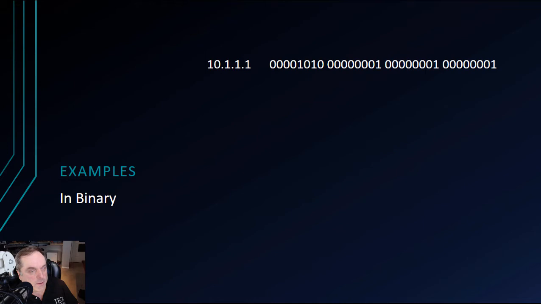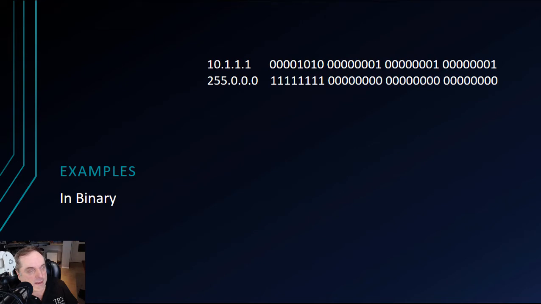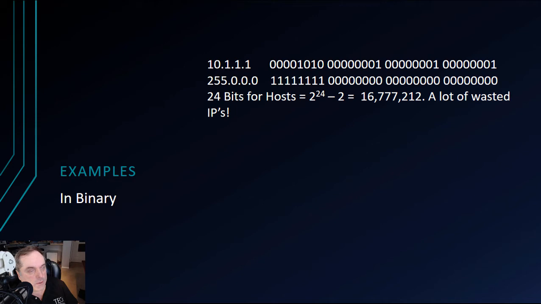All right, so there's 10.1.1.1, and you can see what it looks like in binary. Now we take our Class A subnet mask, 255.0.0.0, and you can see on the left-hand side with the binary that we are masking off only the first octet for networks, and the other three octets are all being used for hosts. 24 bits for the hosts is 2 to the 24th power, minus 2, of course, for broadcast and the network address.